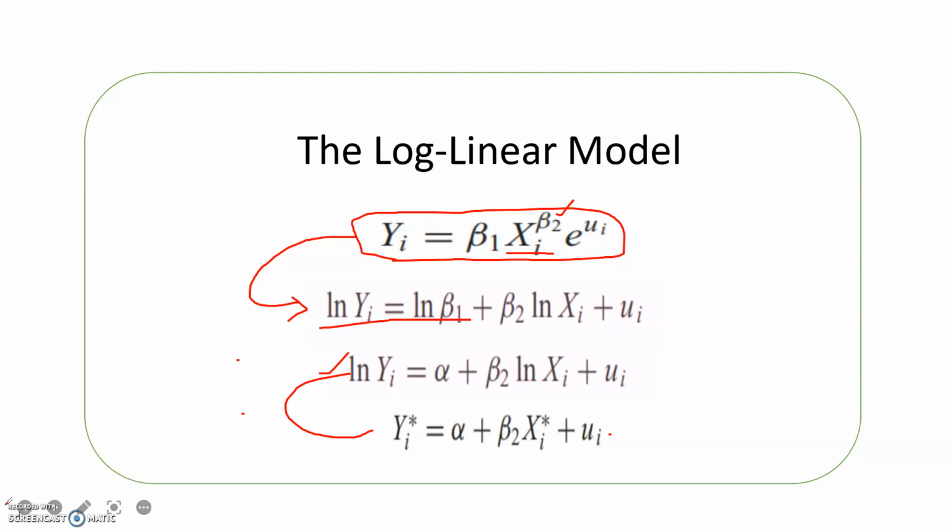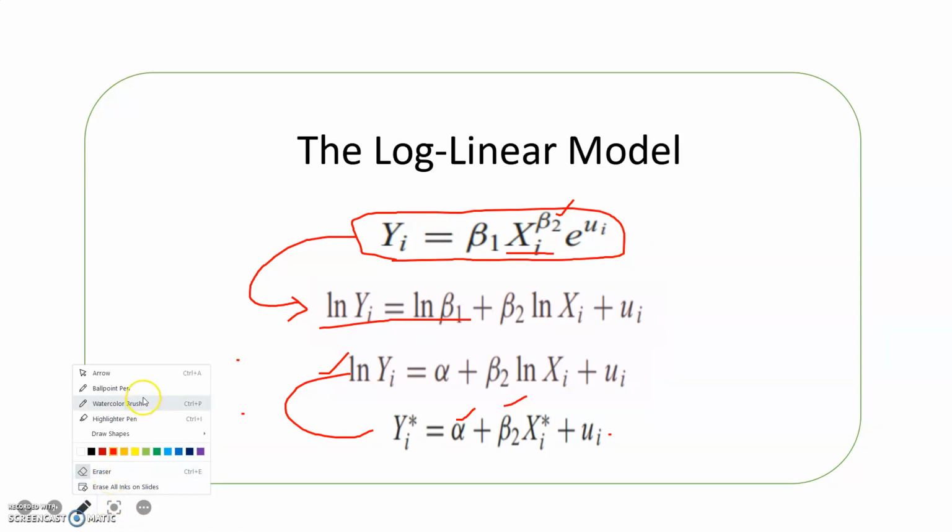And the estimators we obtain will be BLUE, which means they are the best linear unbiased estimators of our parameters alpha and beta 2.